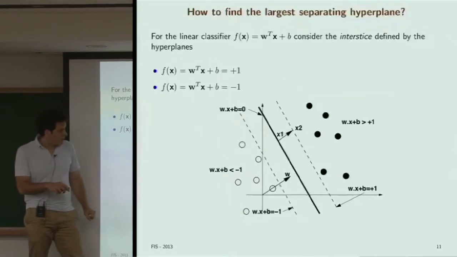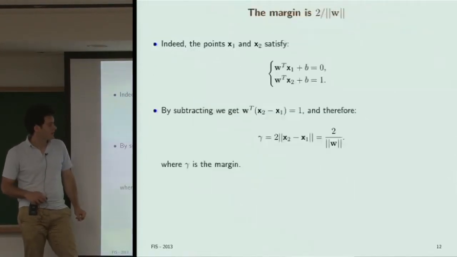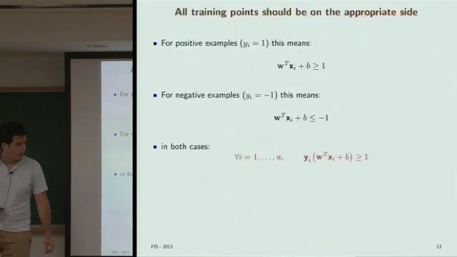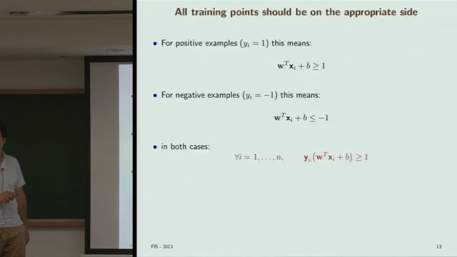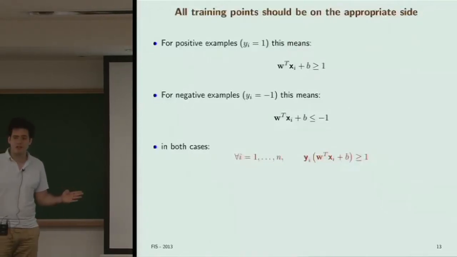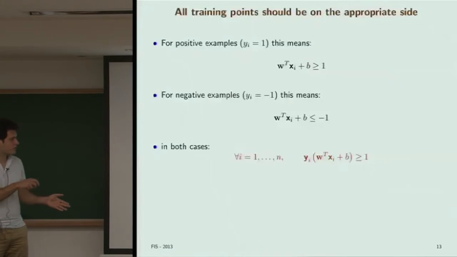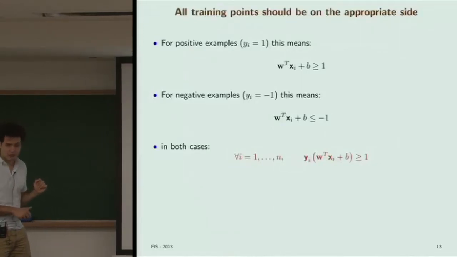So we want positive labels such that w transpose xi plus b is bigger than 1, and negative labels such that w transpose xi plus b is smaller than minus 1, on either side of the tube. If you put this together, it's simply that yi, the label, times w transpose xi plus b is bigger than 1.